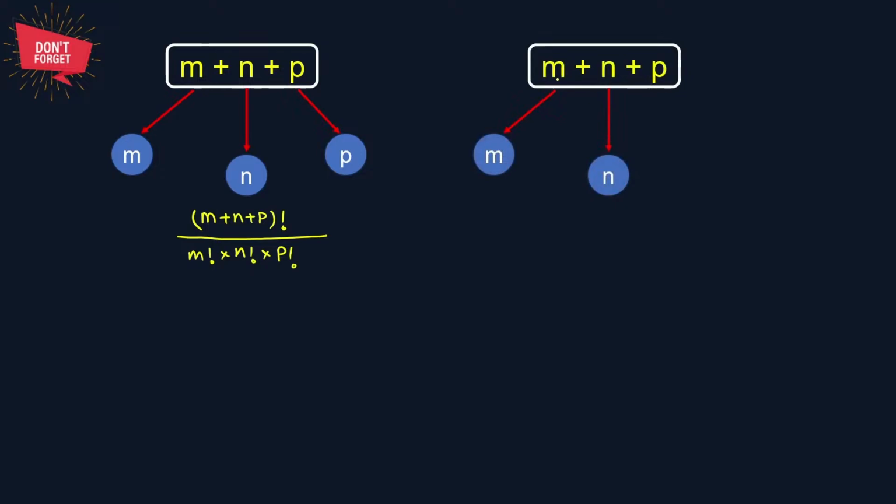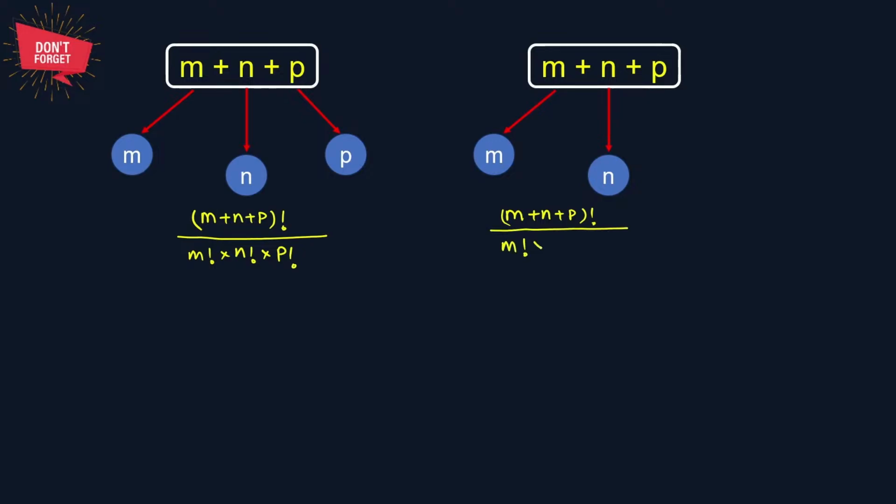Now, if I consider that we have M plus N plus P total objects available, but we have to form only two groups consisting of M and N objects respectively, in how many different ways can we do it? We will do it in the same way: (M plus N plus P) factorial. I'm writing the answer directly, look carefully how I'm writing.